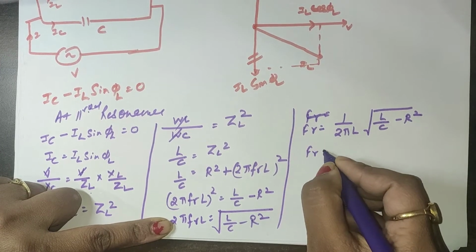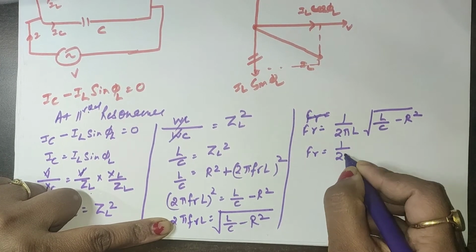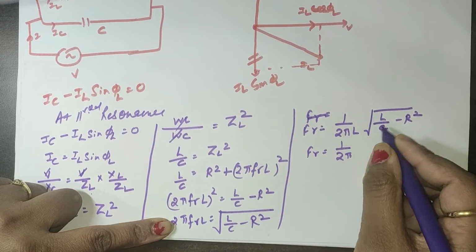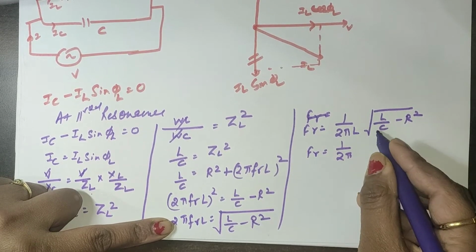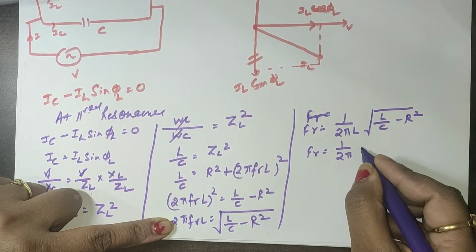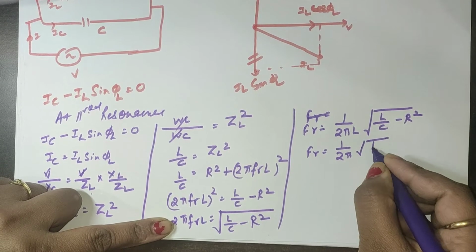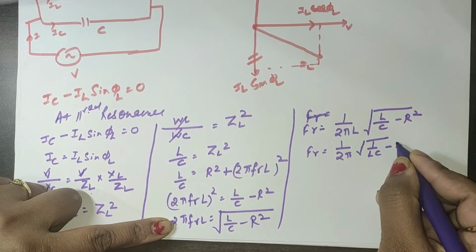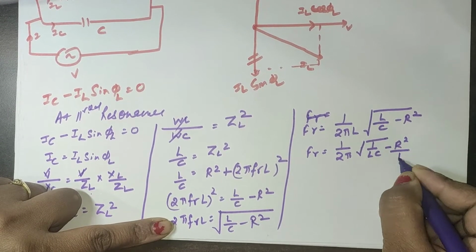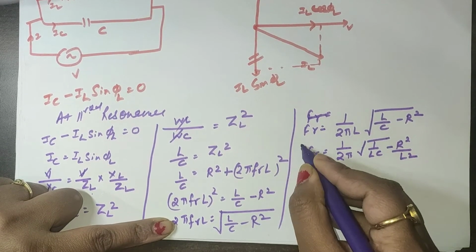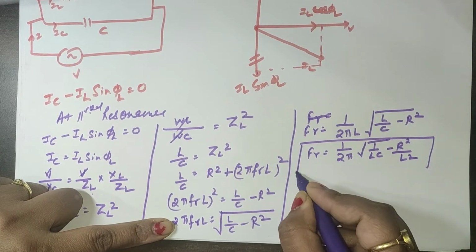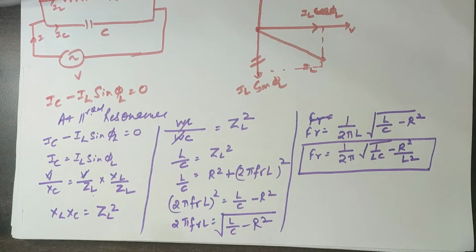So FR will be 1 upon 2 pi, with L taken inside the root, under root of 1 upon LC minus R square upon L square. This is the value of resonant frequency at parallel condition.